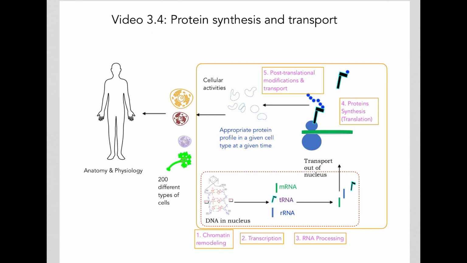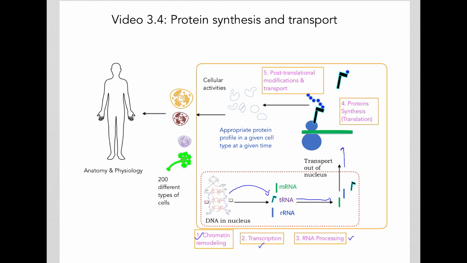Recall that making a protein is a relatively long process. It involves many steps that include chromatin remodeling, getting the information from DNA and transferring it onto RNA, what we call transcription, and then the RNA has to undergo RNA processing, and then the matured RNA is sent out into the cytoplasm.